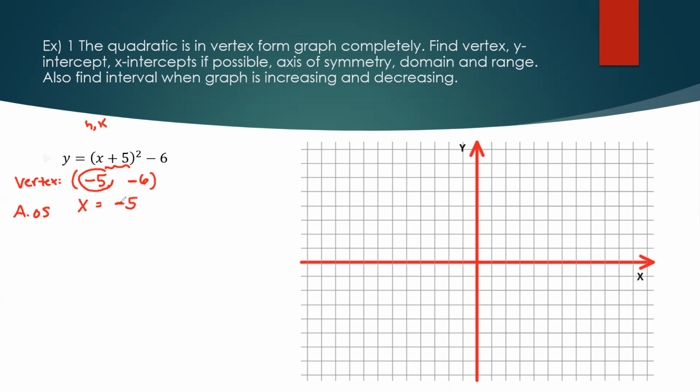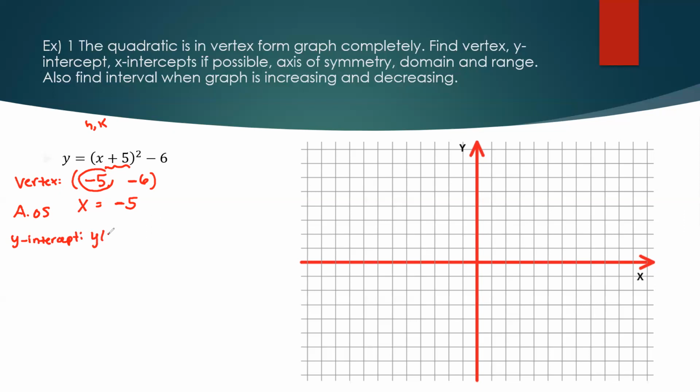Okay, good. Now let's figure out the next thing we need to graph a quadratic. I would find the y-intercept because it's easier to find. How do you find the y-intercept? You simply plug in 0 into the function.